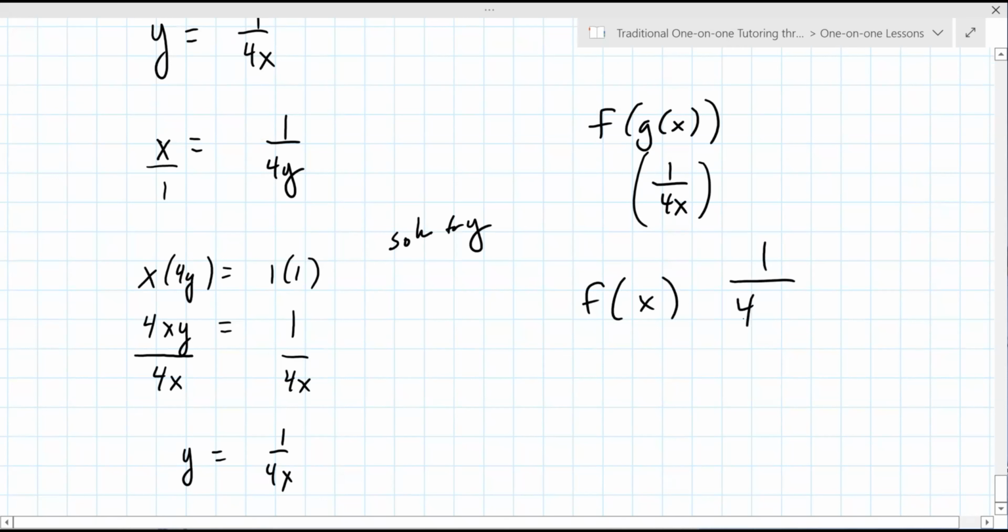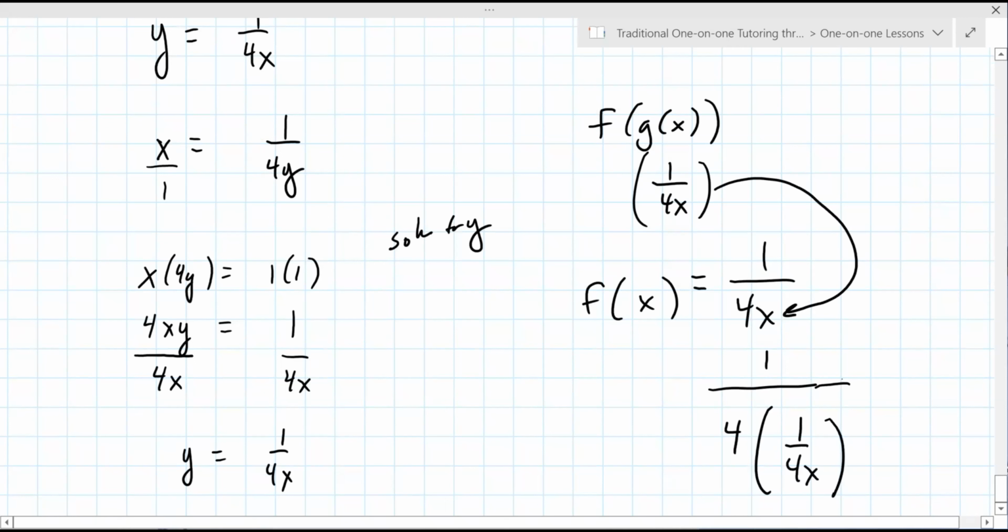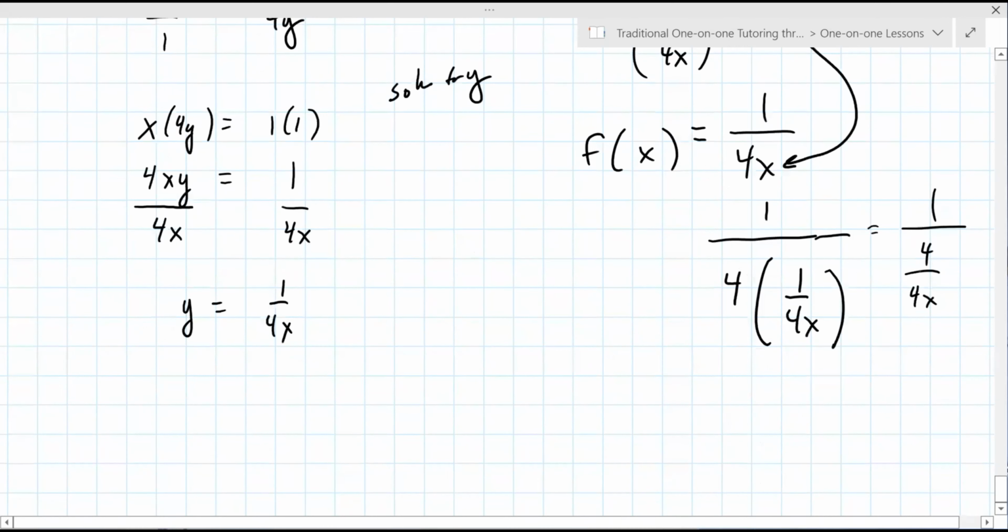You're plugging 1 over 4x in for x. So you get 1 over 4 over 4x. The 4's cancel, so you get 1 over x. And then the reciprocal x over 1 cancels, and you're just left with x.